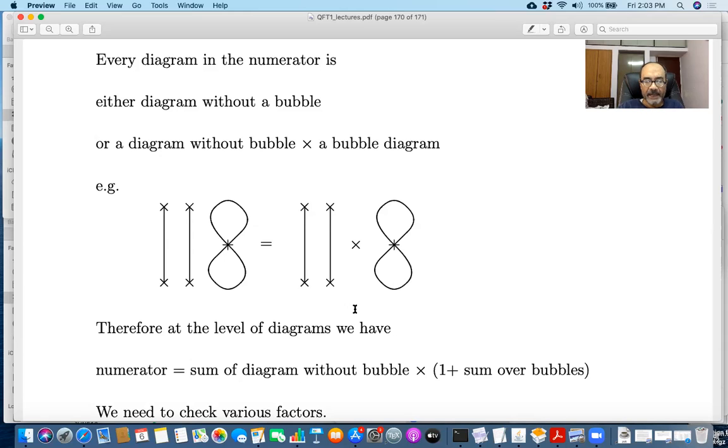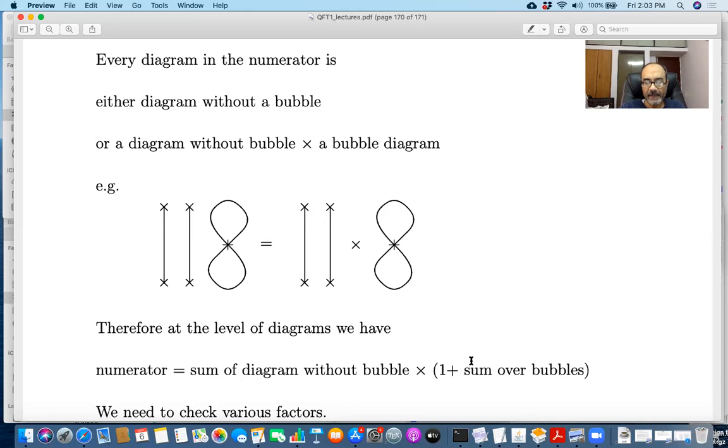So at the level of diagrams, without worrying about whether the factors are correct, we see that indeed the numerator can be thought of as a sum of a diagram without bubble, and then 1 plus the sum over bubbles. Because whatever term appears in this product is a diagram in the numerator, and vice versa. Given any diagram for the numerator, you can always identify one part which has no bubble, and the rest you can think of as some bubble.